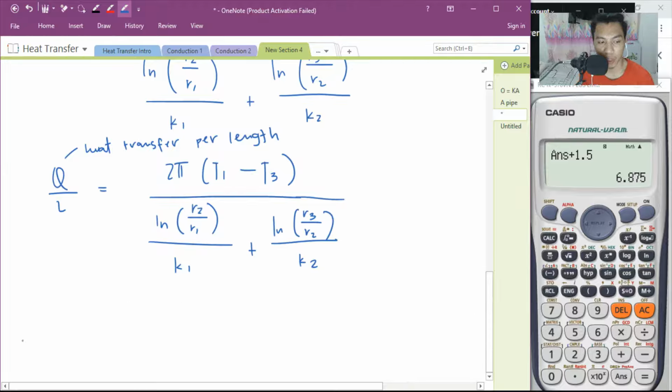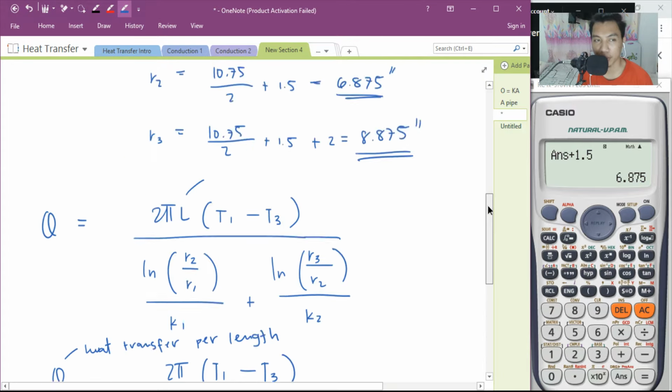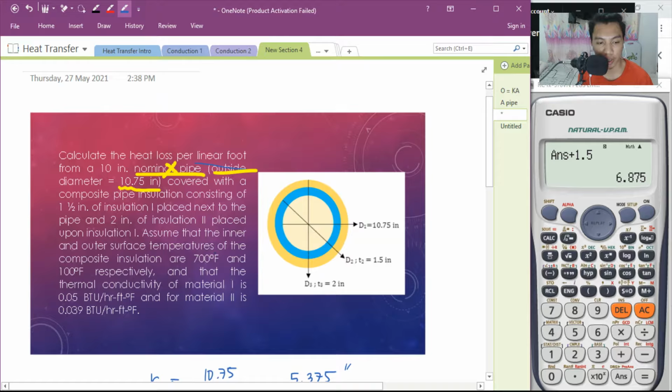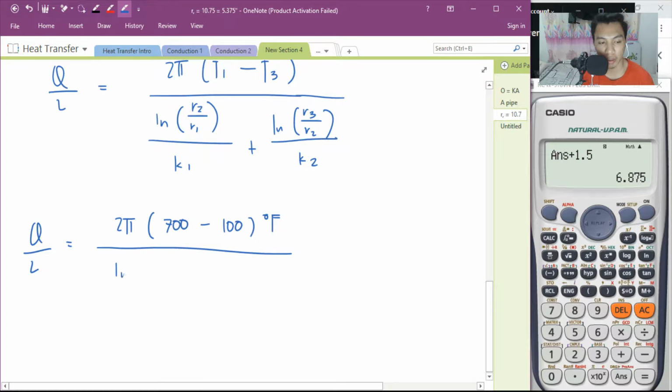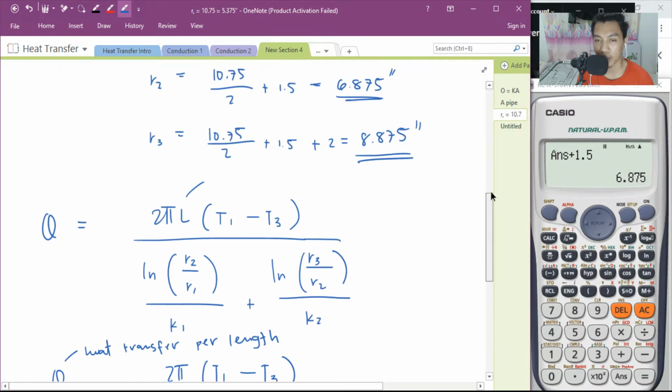Okay? So, let us solve. Q over L equal to 2 pi times, ano ba yung temperature na given dyan? That is 700 and then 100. And then ito yung thermal conductivity sa 1 and then sa 2. 700 minus 100 degree Fahrenheit divided by ln of R2 over R1.